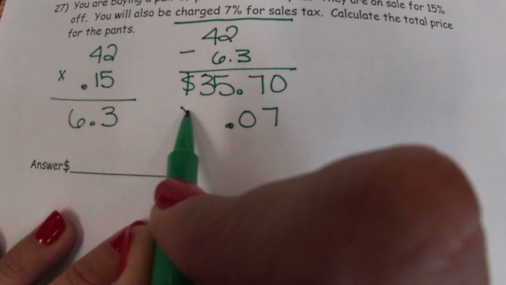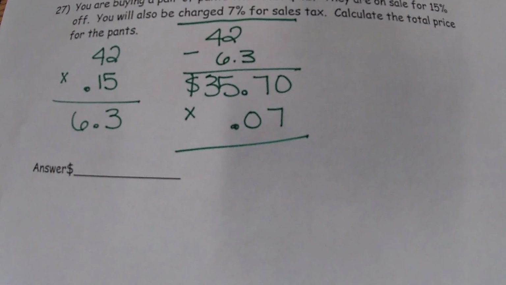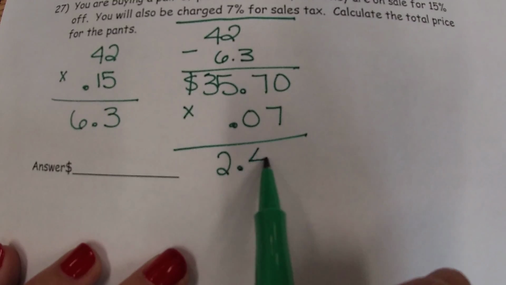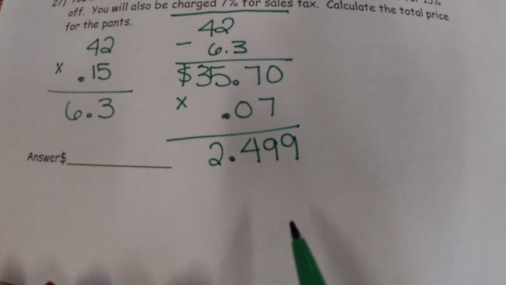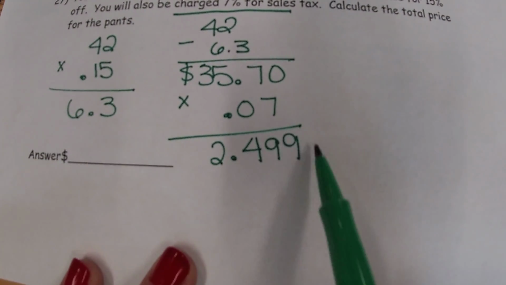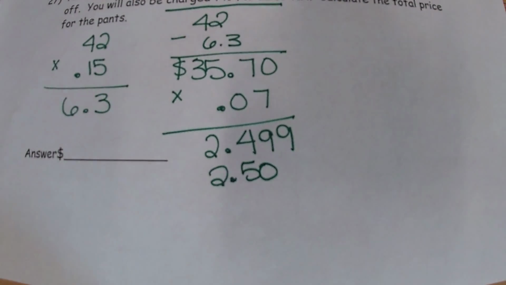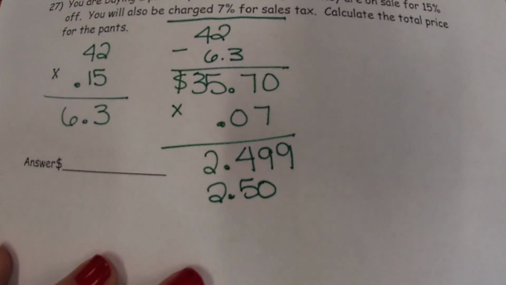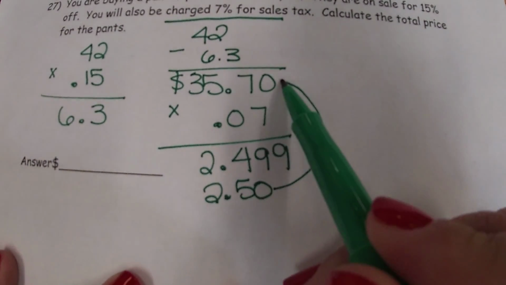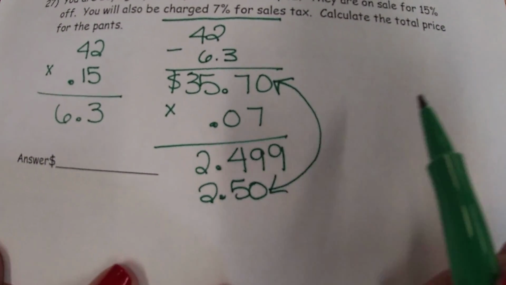Remember, 7% is 0.07. So we'll do $35.70 times 0.07, which is going to give us 2.499. When we're talking about money, right, we can't write money with an extra decimal over here. So we're just going to round that to $2.50. That's an additional price that we're paying, so we're going to need to add those two values together.